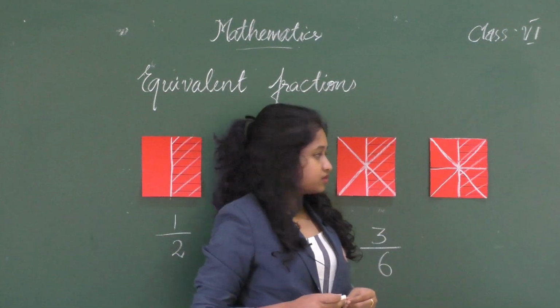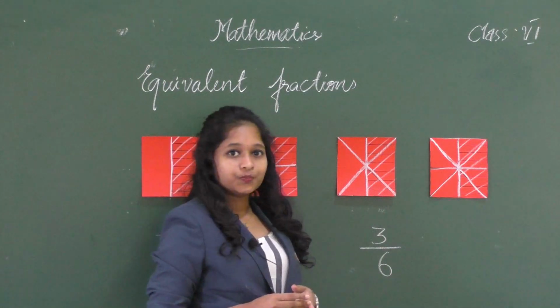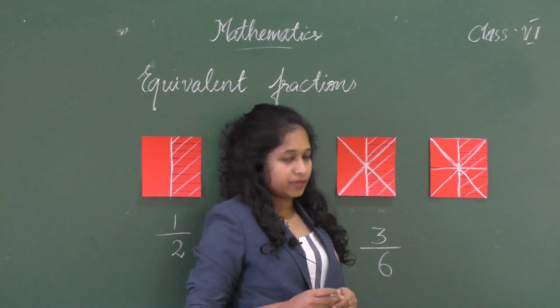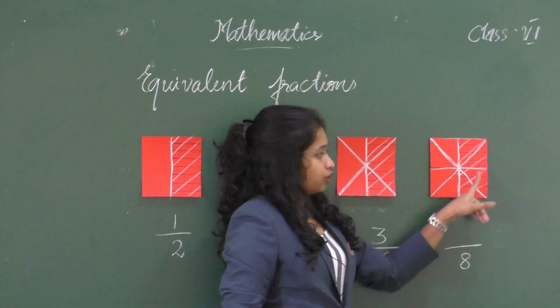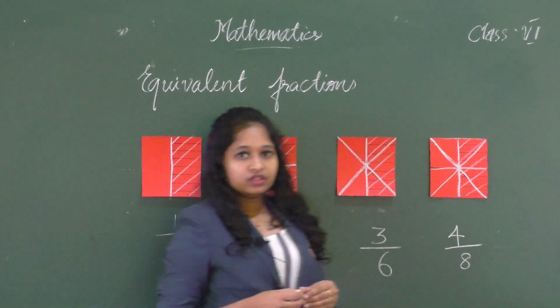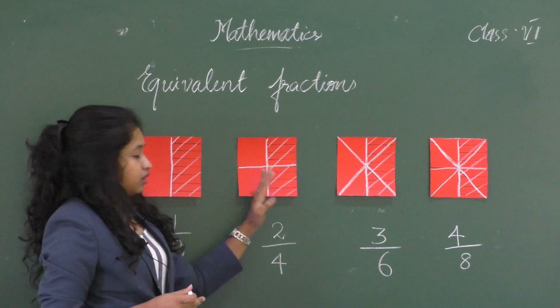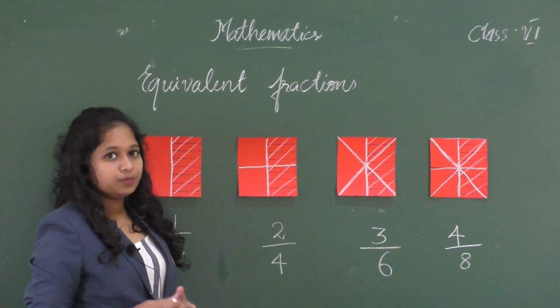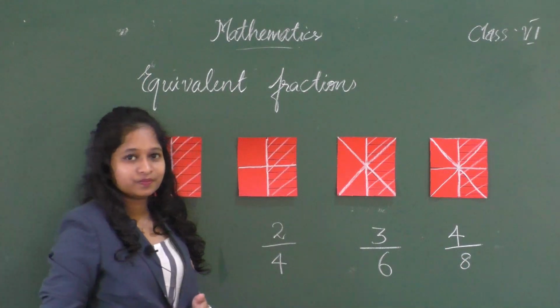And moving on to this square box, it is divided into 8 parts and 4 among them is shaded. Now when you see this, all the shaded portions are the same, isn't it?